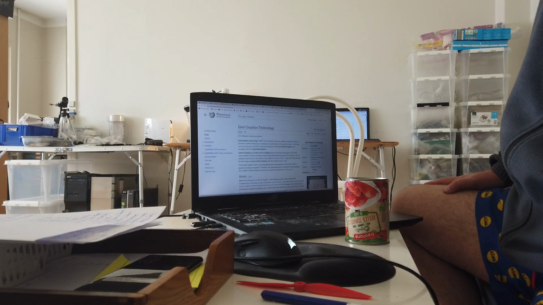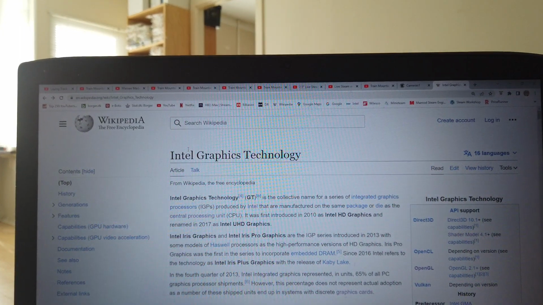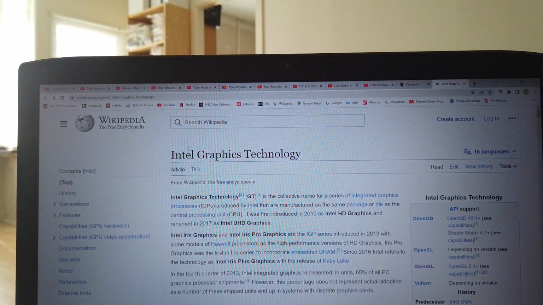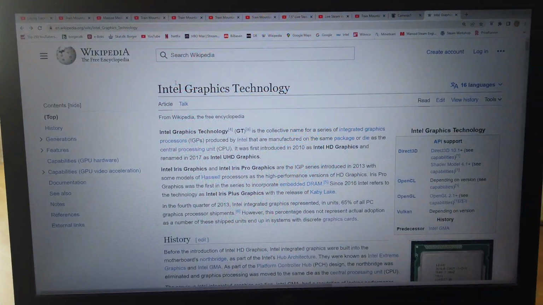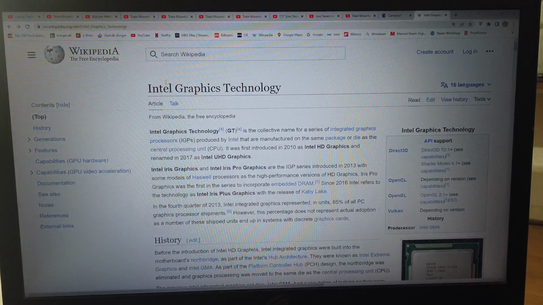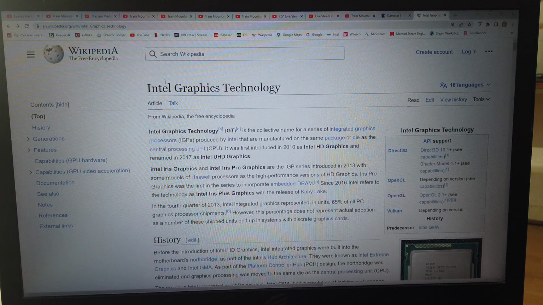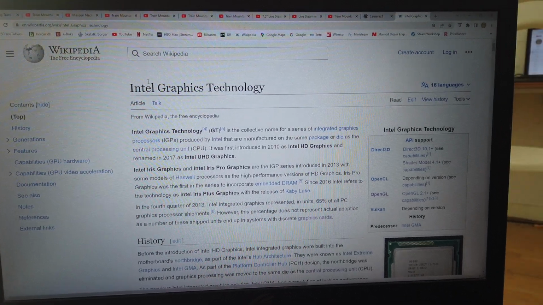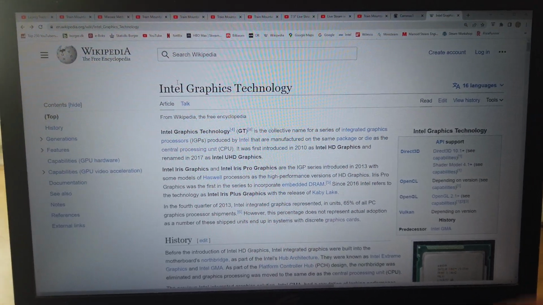Almost all Intel processors like the Intel Core have a GPU, a graphics processing unit, but not every CPU. Only the ones not ending in F, like the Intel Core i5 12400F, don't have a graphics processor.